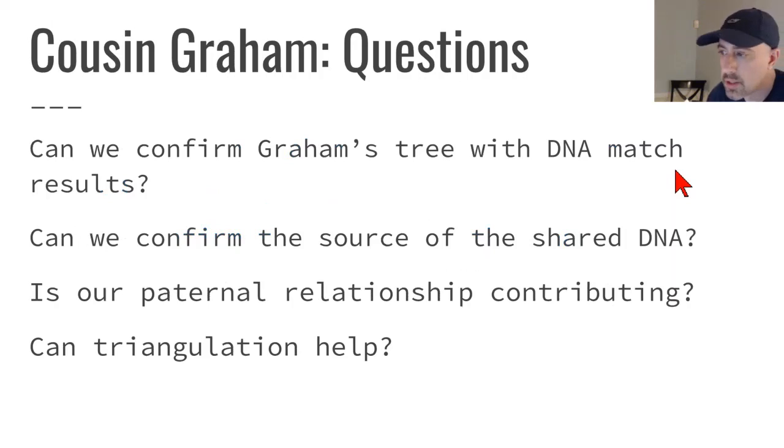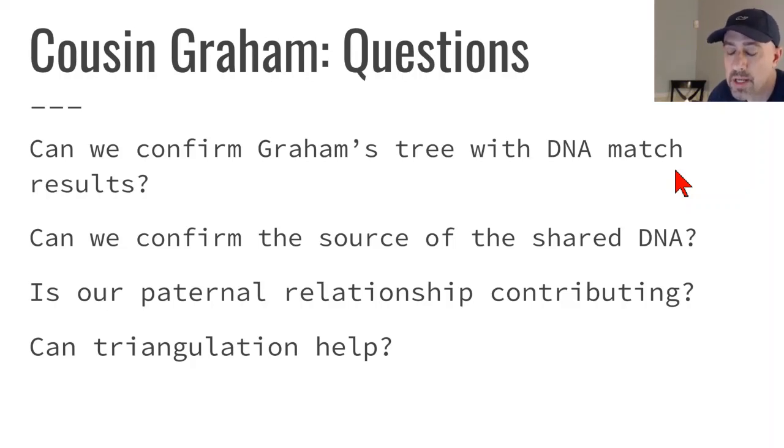So we have a good amount of DNA to work with, and that generates some questions. Can we possibly confirm Graham's tree with the DNA match results? Remember, I built his tree on my own, didn't get any confirmation from Graham. I'd like to do as much as I can to confirm that tree with the DNA match results that we have. Another question, very closely related question, can we confirm the source of the shared DNA?